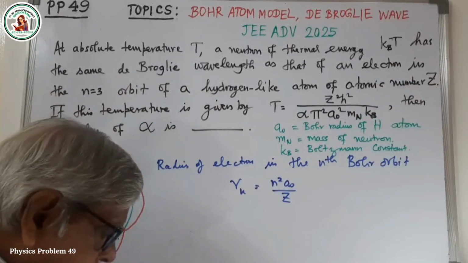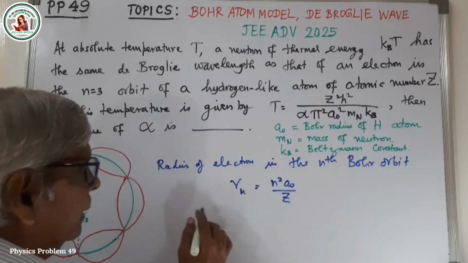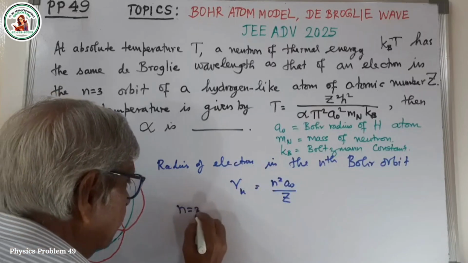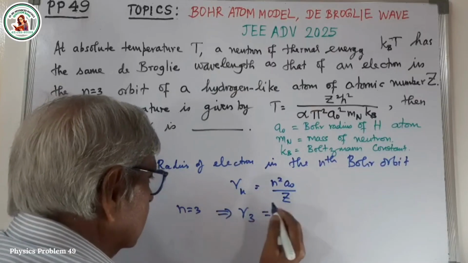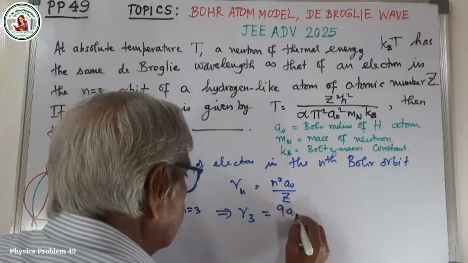In this case, we are given n equal to 3, which implies the Bohr radius R3 is equal to 9 a naught by Z.